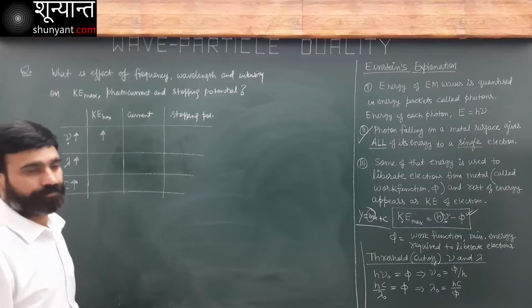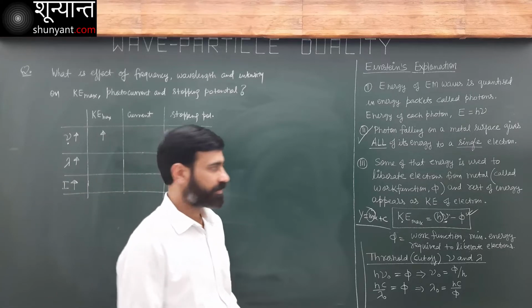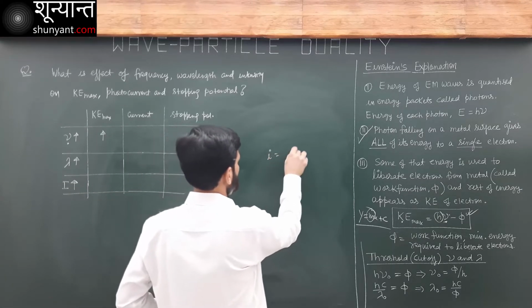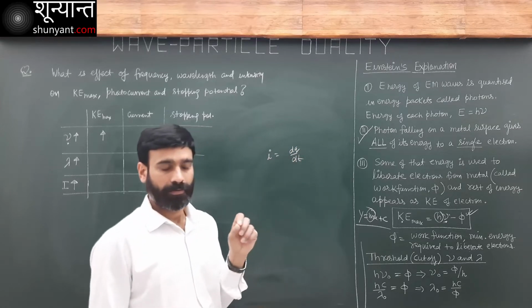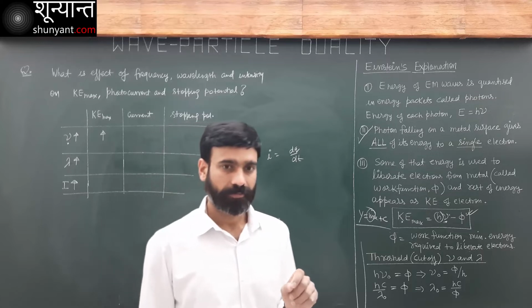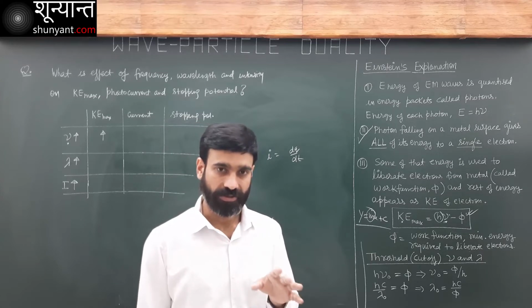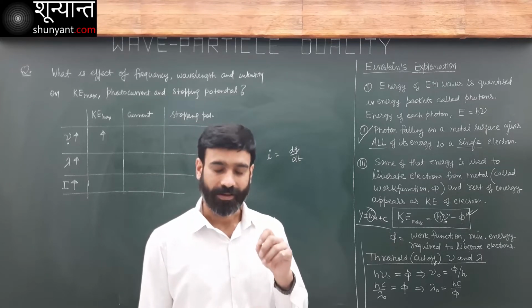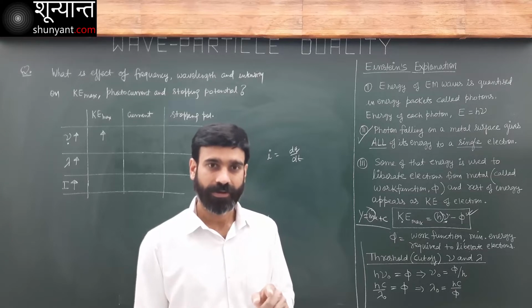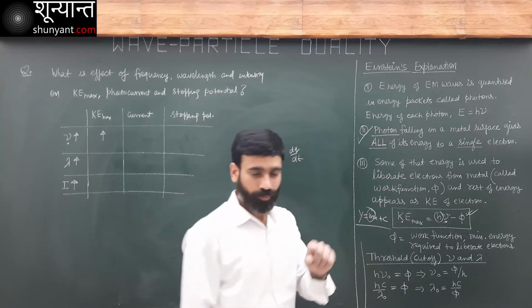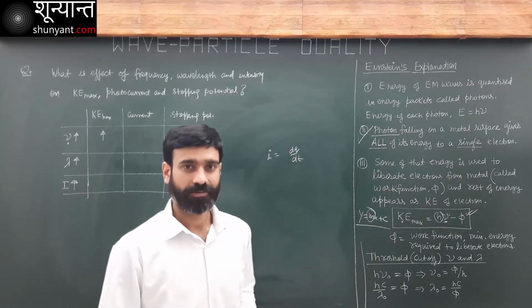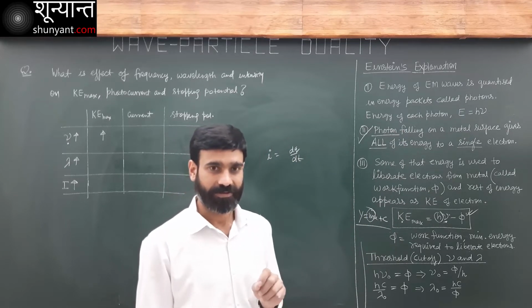What about current? Current is dq over dt. Current will change only if the number of electrons change, and number of electrons will change only if the number of photons change. One photon ejects one electron. Remember this.